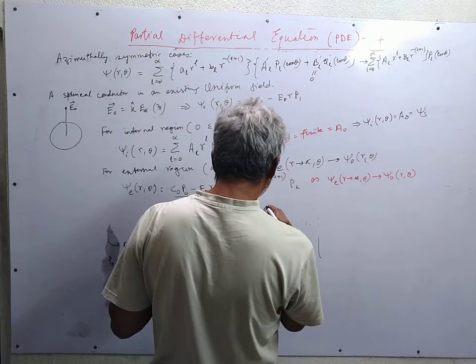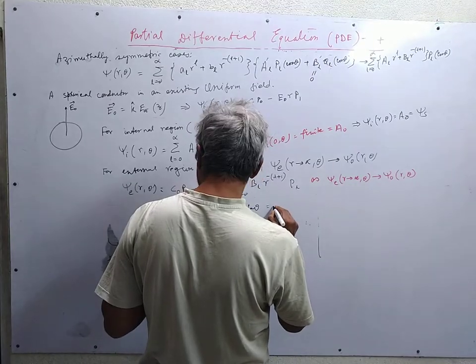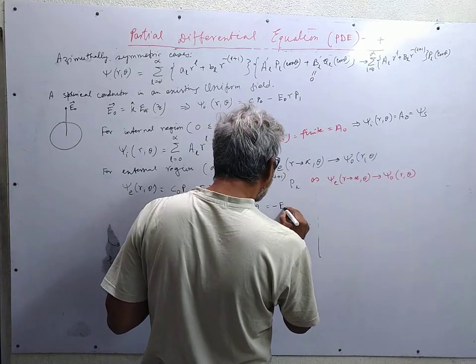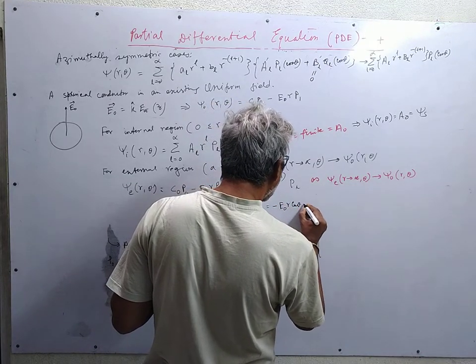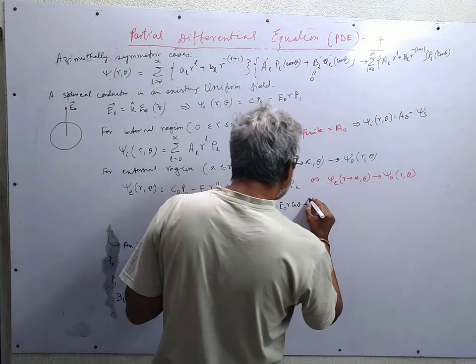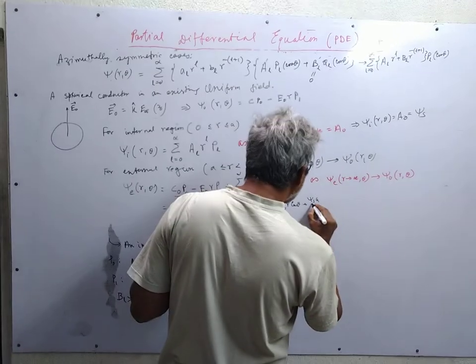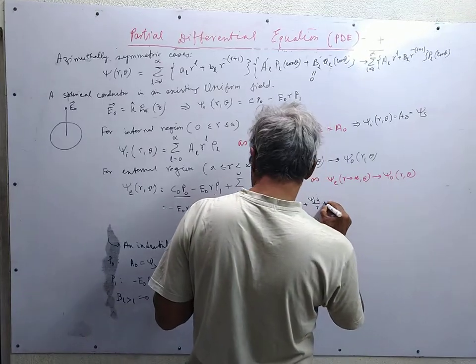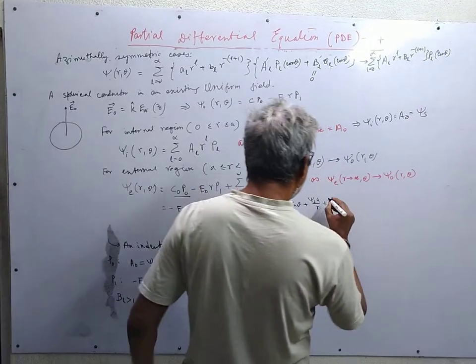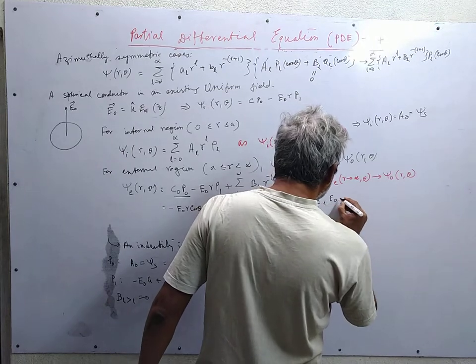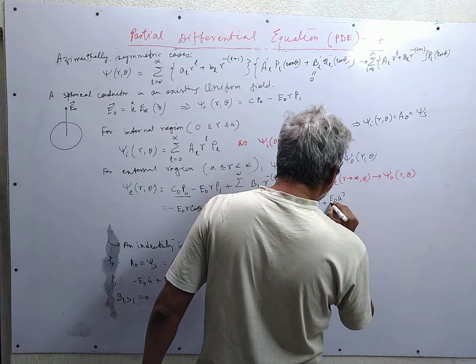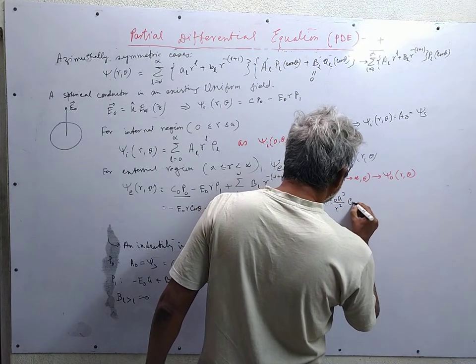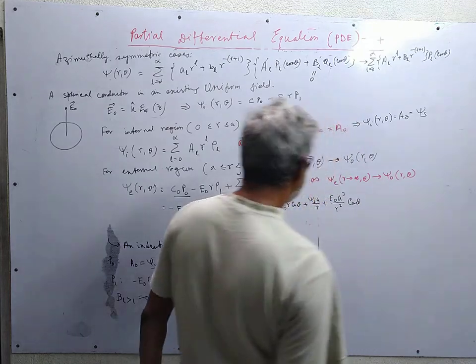On putting the values, we get E0 R cos theta, for B0 it is phi s A by R, and for the last term it is E0 A cube cos theta by R square.